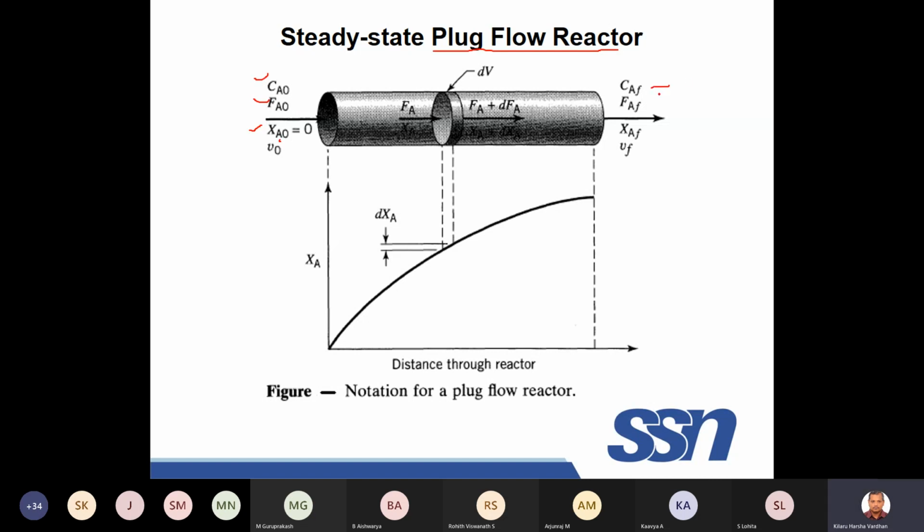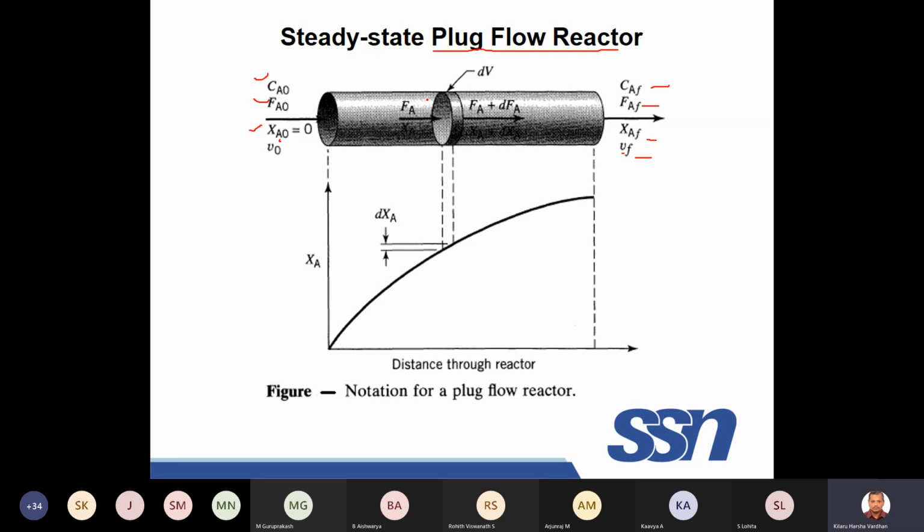CAF is the final concentration, FAF is the final molar flow rate, XAF is the final conversion, and VF is the final volumetric flow rate. Some people put F, or just V itself is enough, but to show it is final they put the F subscript.